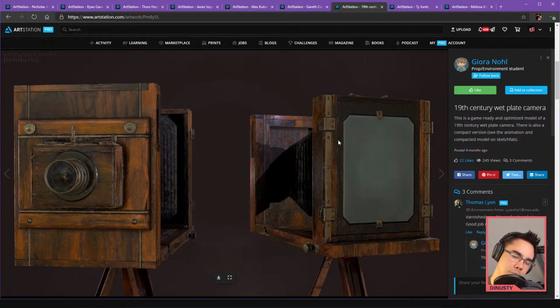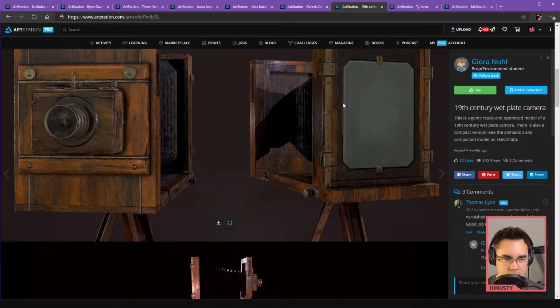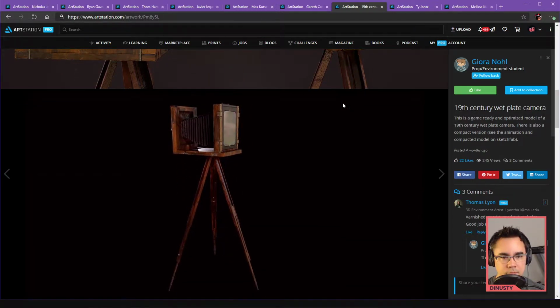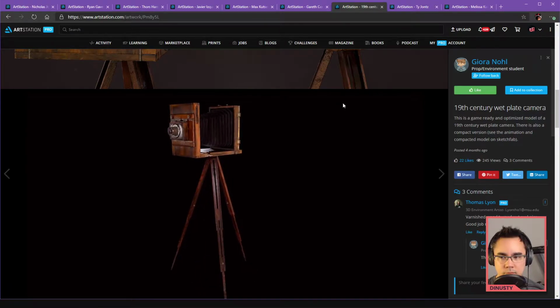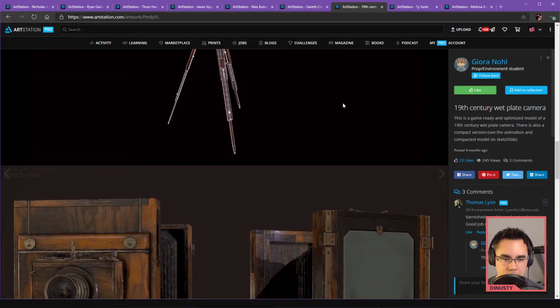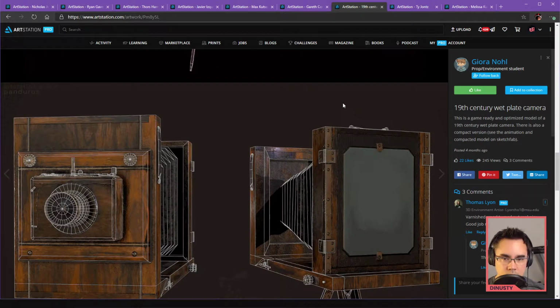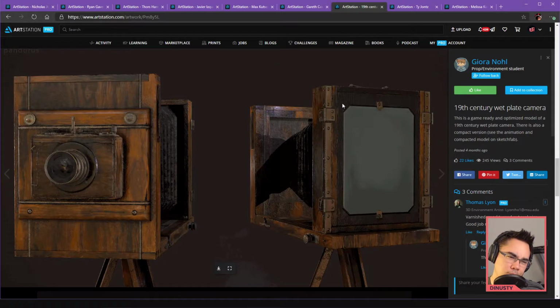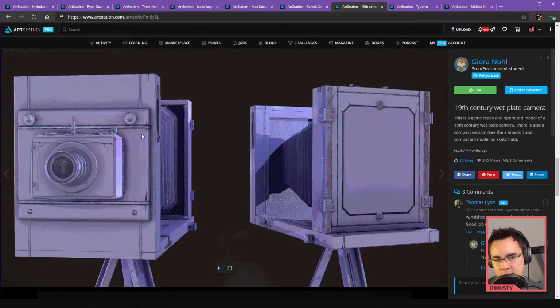So opportunity to put a photo there now, or is that wrong? It's not supposed to be a photo there. So this is a nice prop. I think it might be too saturated.